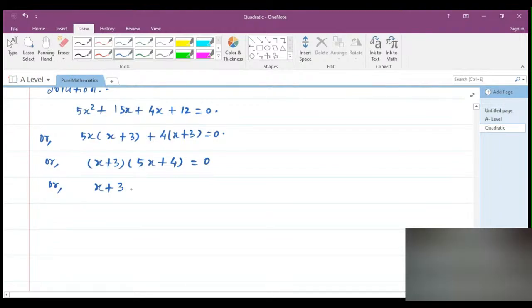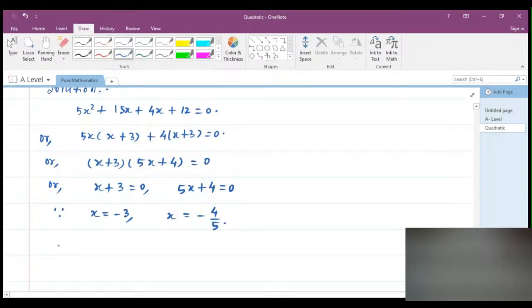Next step: x plus 3 equal to 0 and 5x plus 4 equal to 0. So at the last step we get x equal to minus 3 and x equal to minus 4 by 5.